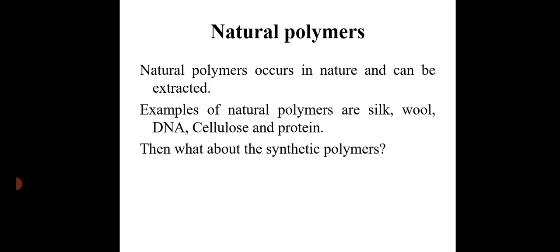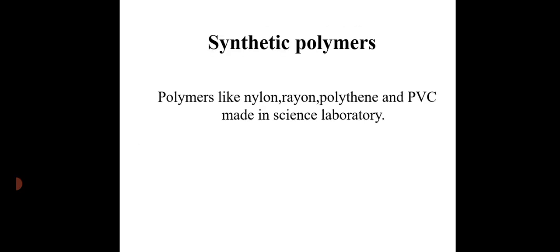Then, what about synthetic polymers? Can you think what synthetic polymers are? Synthetic polymers are made in the laboratory. Polymers like nylon, rayon, polythene and PVC are examples of synthetic polymers.